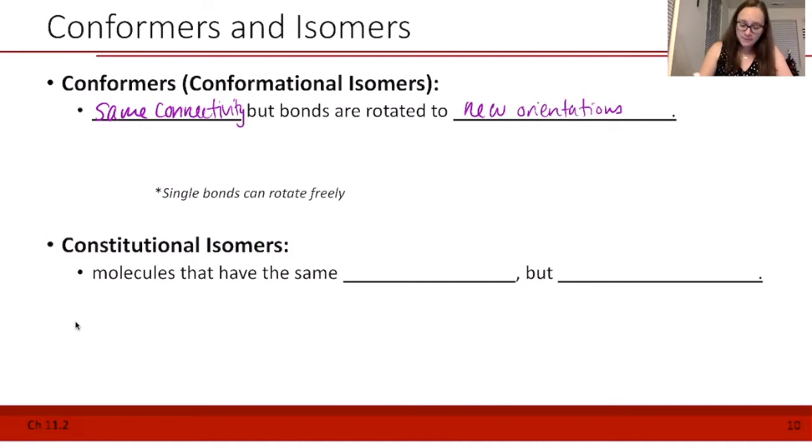For example, we saw this a couple practice slides ago in which we had butane that could be drawn this way with 4 carbons, or you can also draw butane like this. It's still 4 carbons, 1, 2, 3, 4, but that bond in the middle is now just rotated into a new orientation.